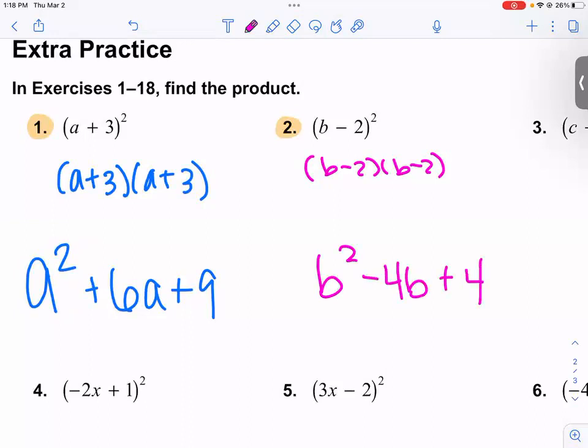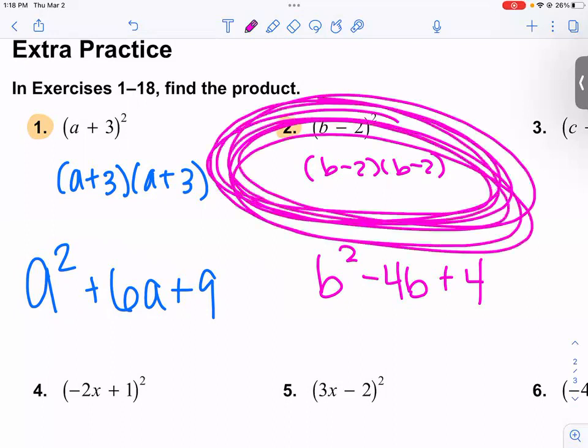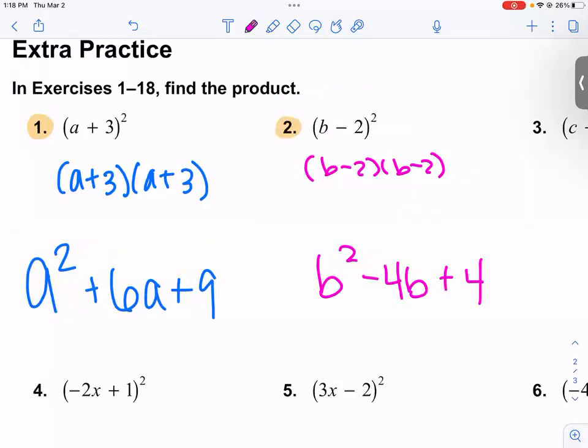Okay. Do you feel like I've taught you anything new? Okay, I'm just making sure that you rewrite it like this so you do not pull a Preston.